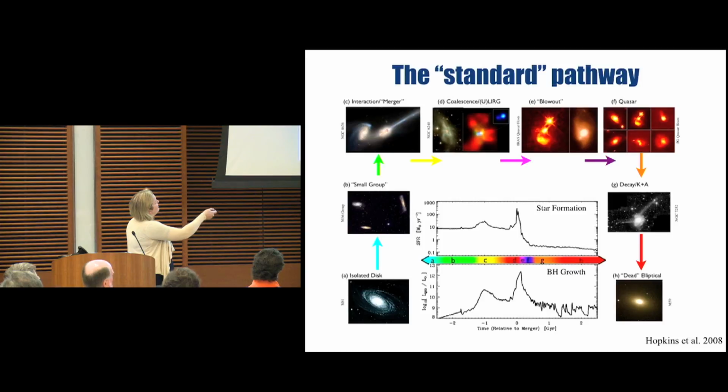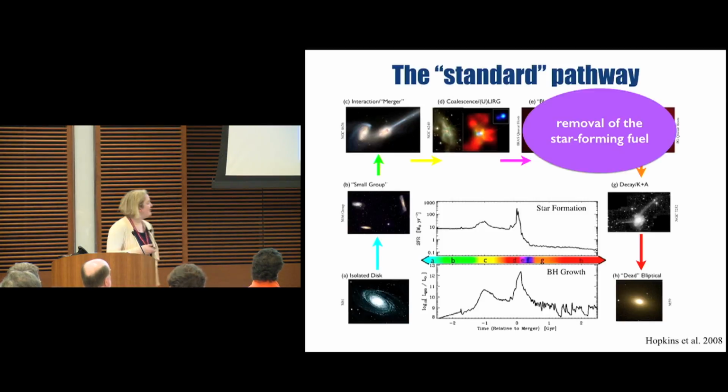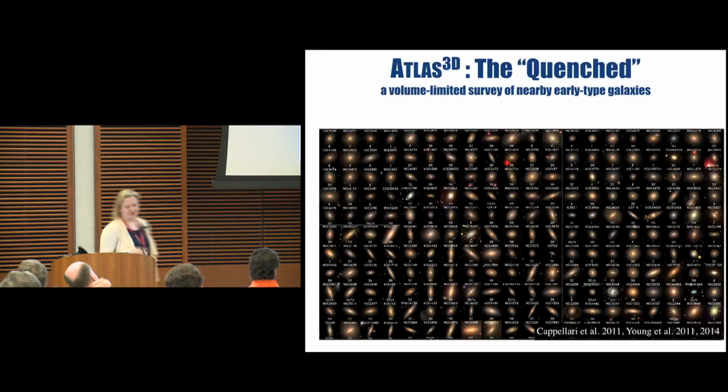Coalescence, you have a blowout phase and a quasar phase. You decay into a K plus A galaxy, which is actually a post-starburst galaxy. That is a galaxy that doesn't have any ongoing star formation, but has young-ish, that is intermediate age stars. And finally, you hit the red and dead elliptical. The thing that's important about this is actually that there is a phase right here where you remove the star-forming fuel.